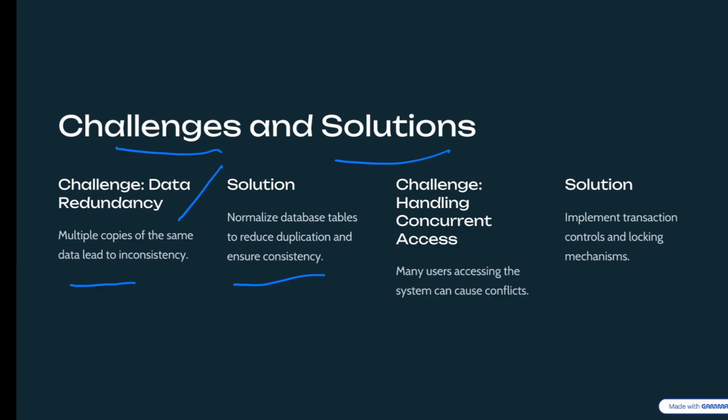This is the solution for data redundancy. Another challenge: handling concurrent access. Many users accessing the system can cause conflicts. Solution: implement transaction control and locking mechanisms. These are the challenges and solutions for the student database management system.